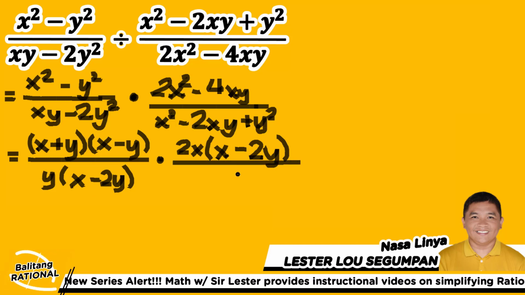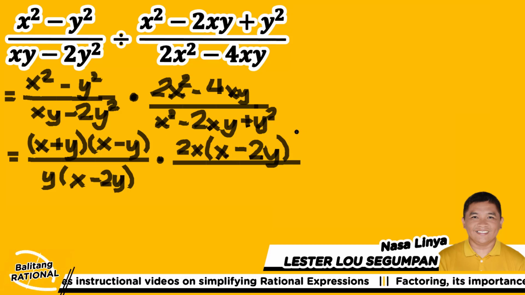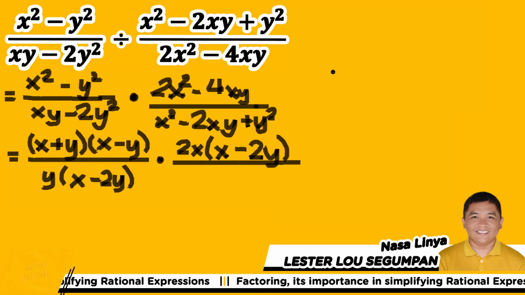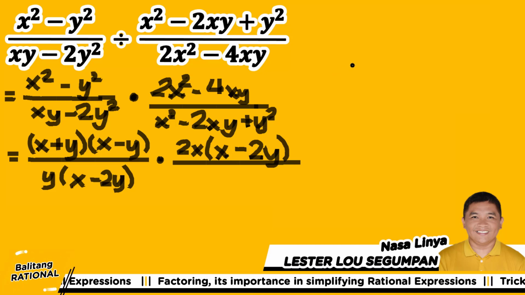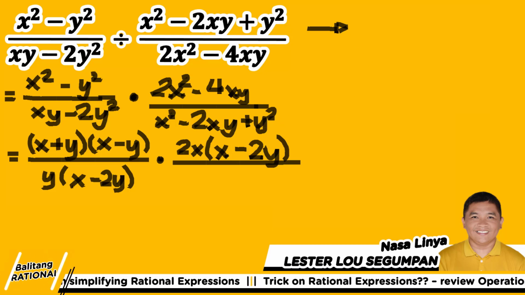Yung natitirang expression, yung denominator ng pangalawang rational expression, is a trinomial expression. And dito, it's a perfect square trinomial. Paano natin malalaman kung yung ating ibinigay na expression ay perfect square trinomial? Ito yun, di ba? This is our denominator here, which is our original numerator of our divisor.